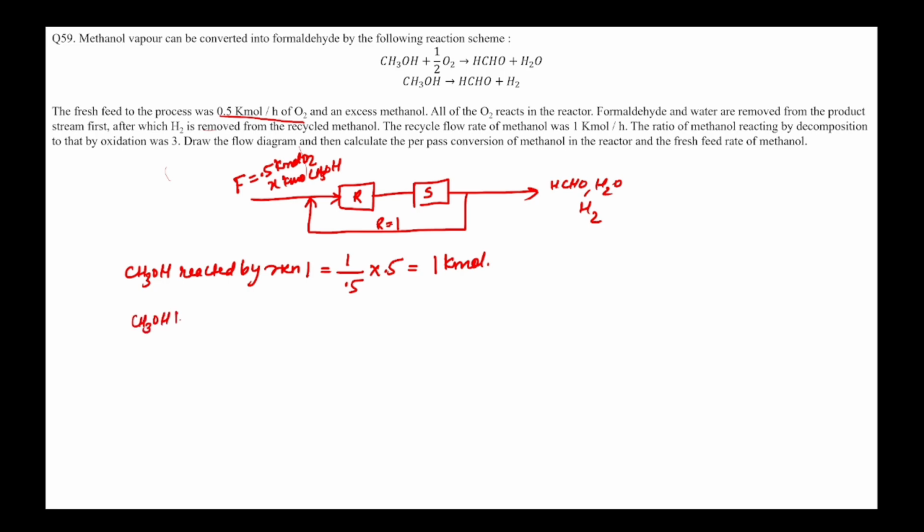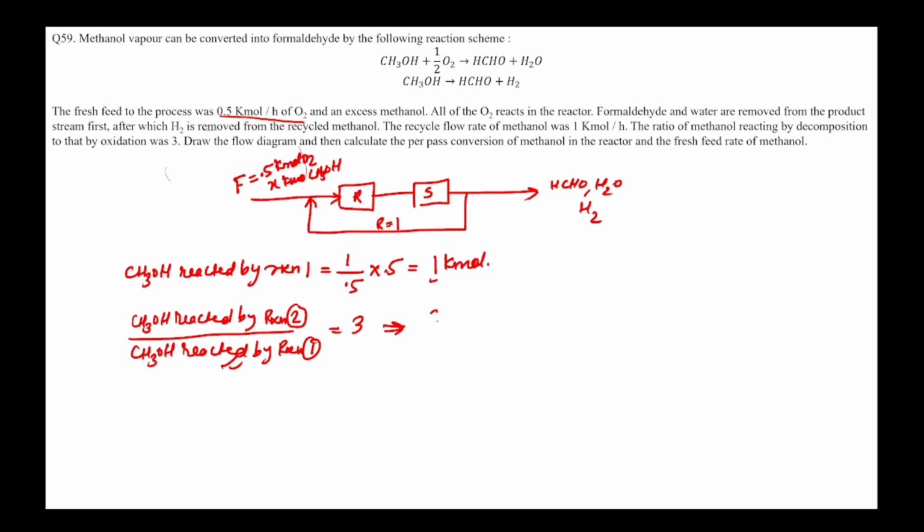Now the ratio of CH3OH reacted by decomposition by reaction 2 divided by CH3OH reacted by reaction 1 is equal to 3. That is the ratio given. So this quantity we have, that is 1, we just found.